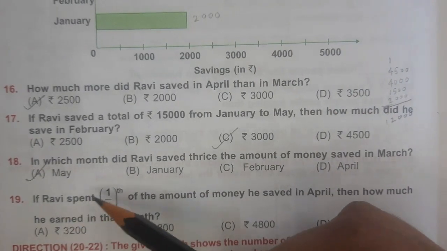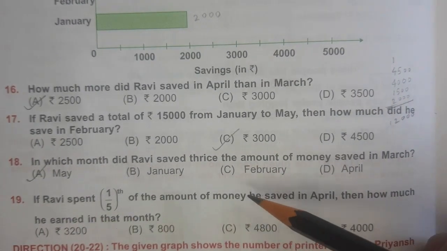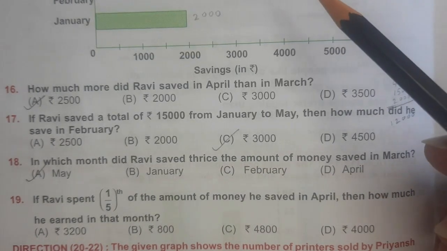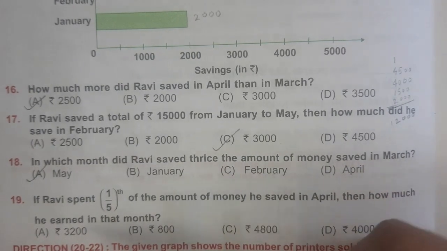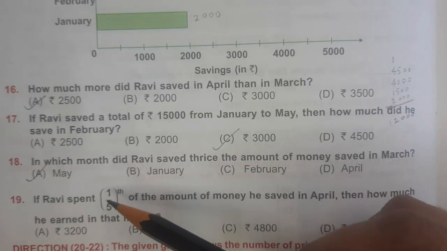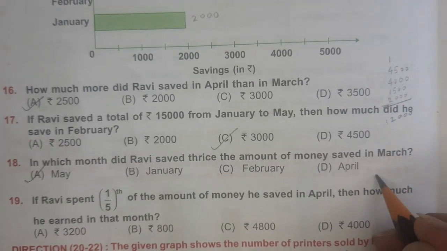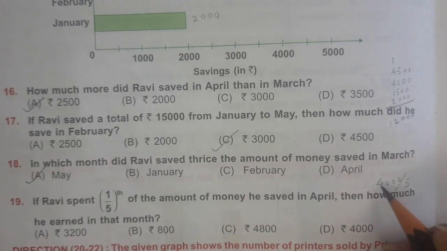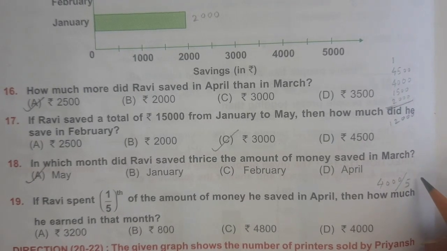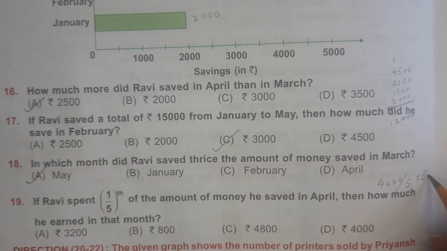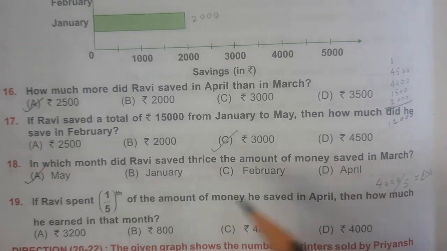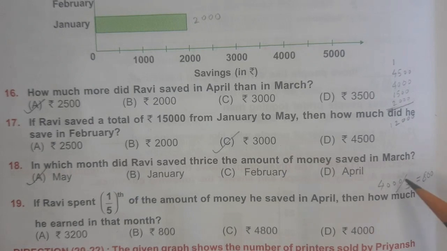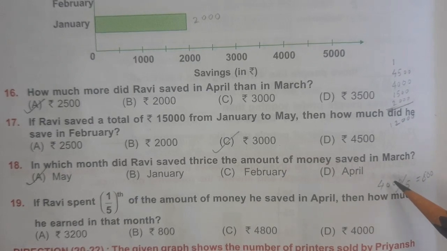If Ravi spent one fifth of the amount of money he saved in April, so in April he saved 4,000 rupees. One fifth of 4,000 is 4,000 divided by 5, or multiply by 1 upon 5, which is equal to 800. So how much did he spend? 800, but how much are his savings? 4,000, right?